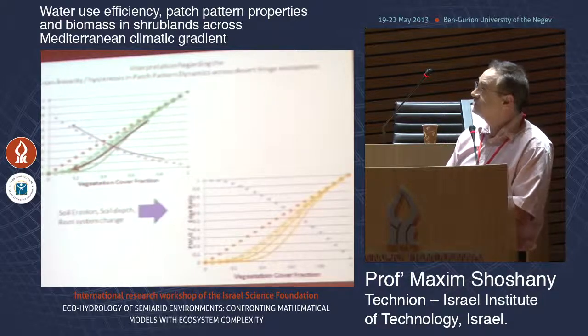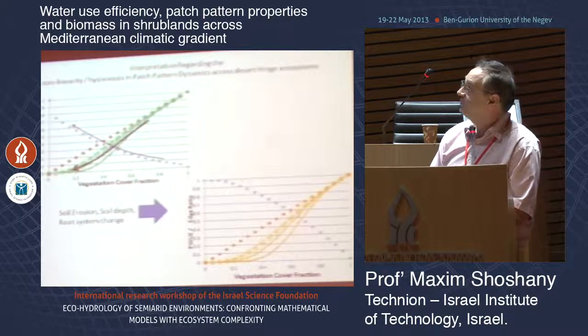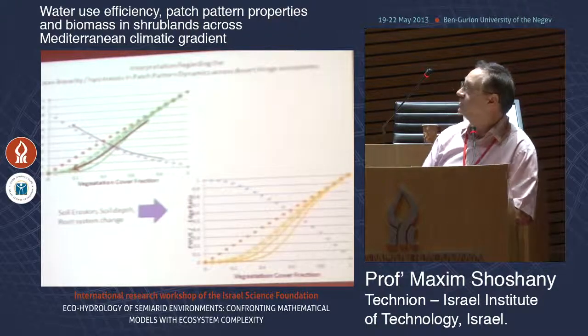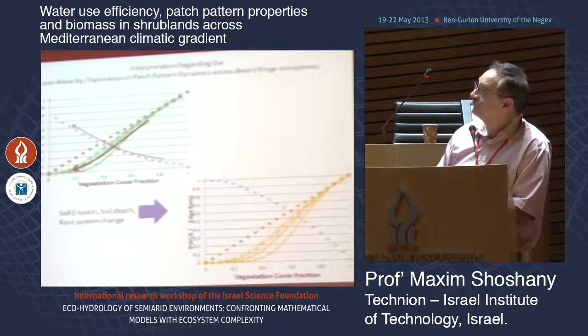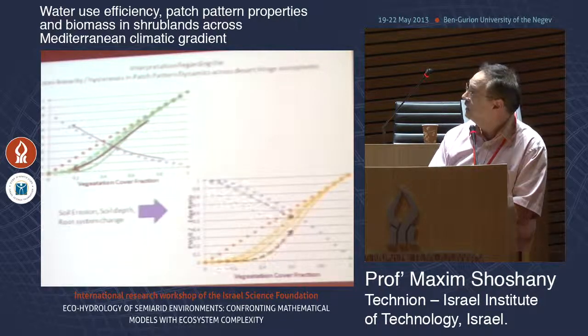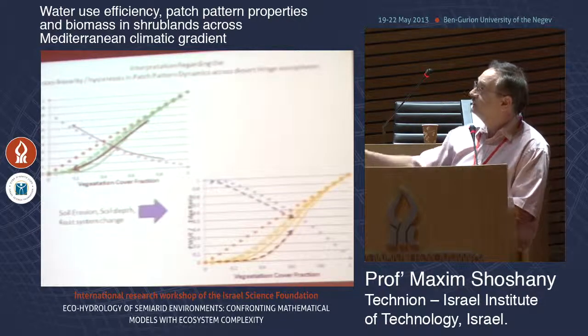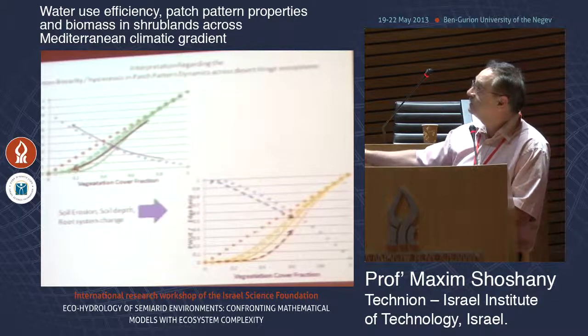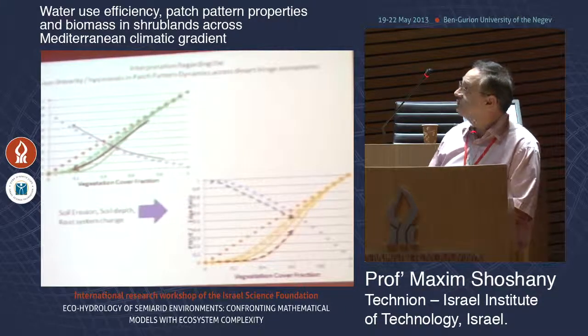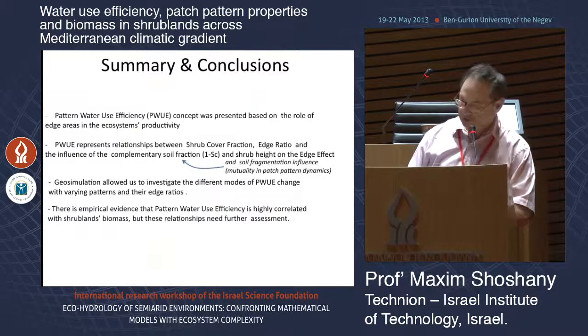We have changes in the root system. New shrubs will emerge with different growth strategies, and they will not climb back along this trajectory. They will climb back along a different trajectory, and the difference between these trajectories represents a type of hysteresis or nonlinearity in the system.